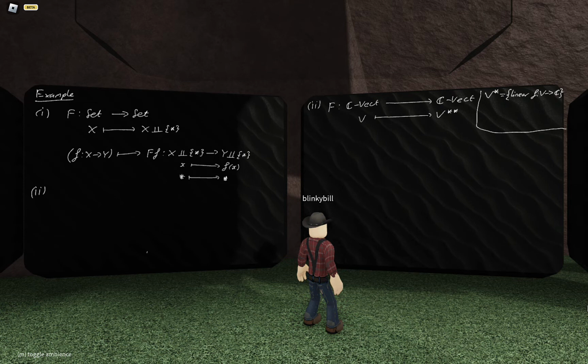And then just applying this definition twice, V double dual, so V star star, are linear functionals from V star to C. So as input, you get a functional from V to C, and you're supposed to output a complex number in C. Is there a question there? Yeah, all good. Cool. So that's the dual and the double dual.